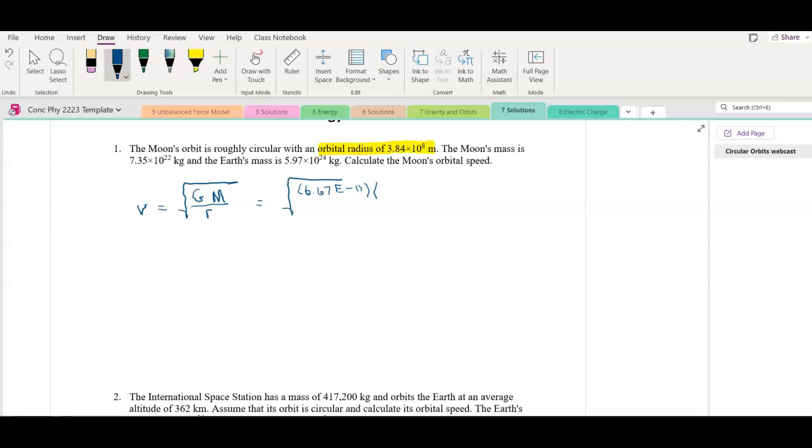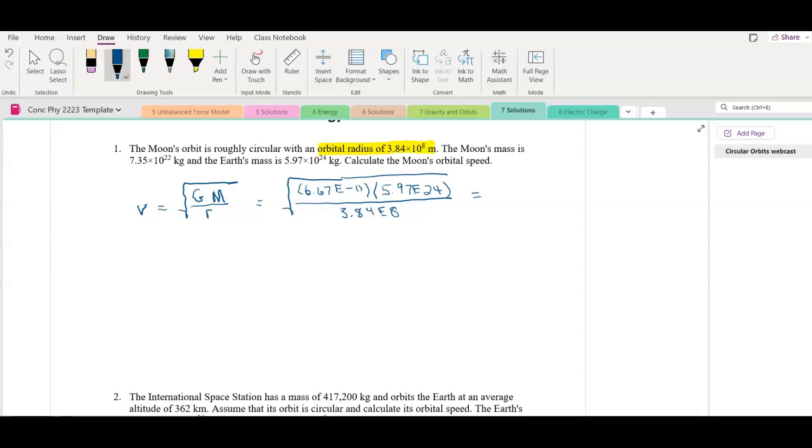It's times 10 to the 24th instead of times 10 to the 22nd. And then I'm going to divide by the orbital radius, and I'll put all of that in under my square root.